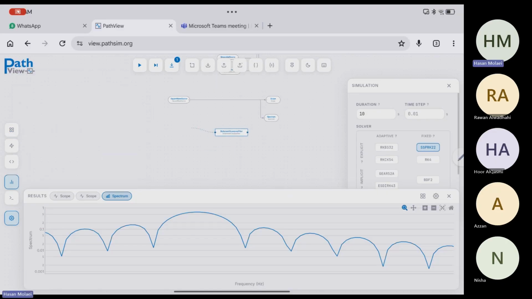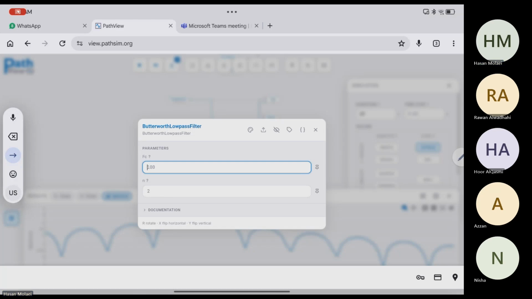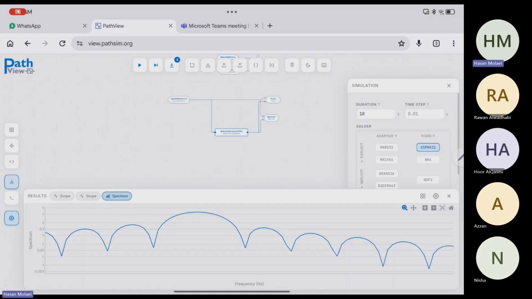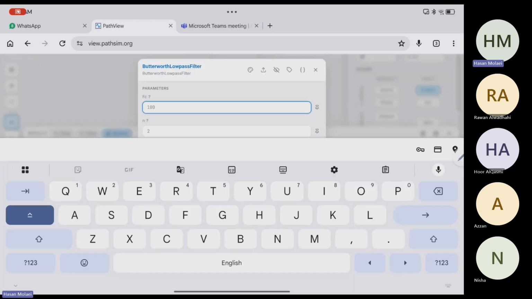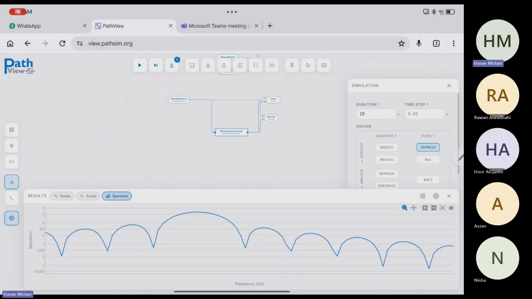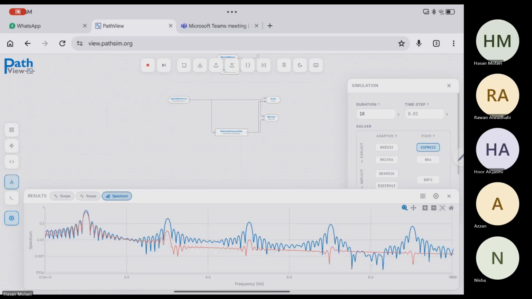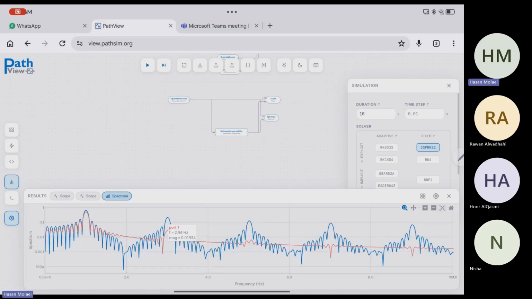It's going to filter the signal we set. We want 1 hertz. Okay, let's put that filter. It keeps the signal until 1.2 hertz and omits it after that. You can see the red line.